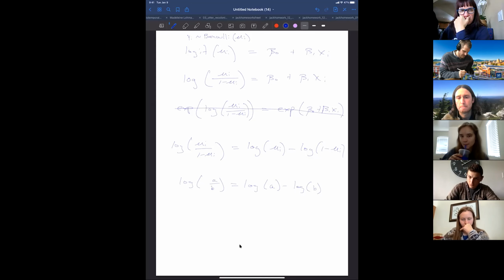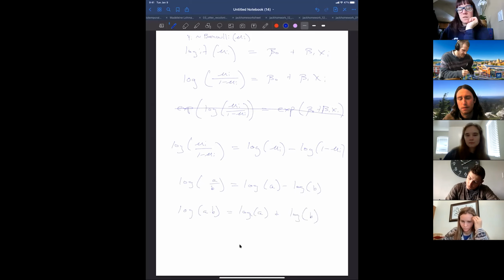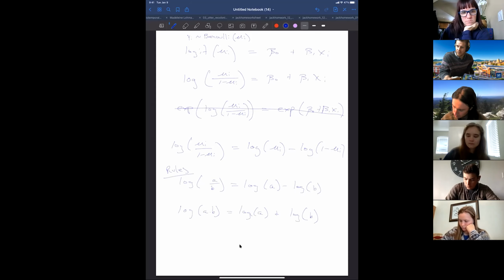The opposite of that is if you have log of A times B, that equals the log of A plus log of B. So these are just rules. We can use these rules to try and get mu by itself and see what that looks like.